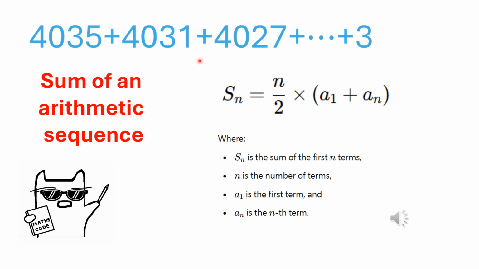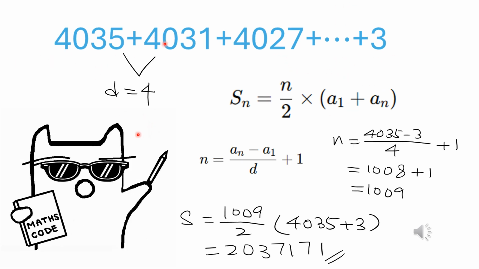To find the sum of the first n terms of an arithmetic sequence, you can use this shown formula where Sn is the sum of the first n terms, n is how many terms you're adding up, a1 is the first term, and an is the last term you're including. All right, let's work through finding the sum of this arithmetic sequence.